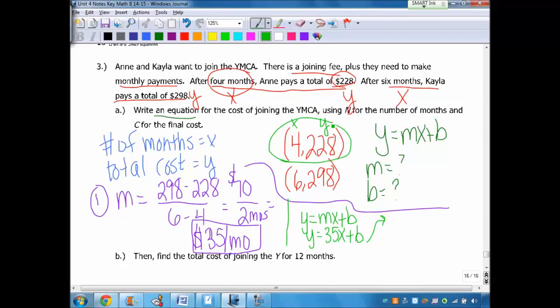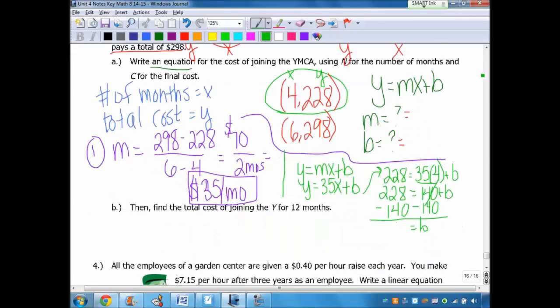So every time I see a y, I'm going to replace it with 228, and every time I see an x, I'm going to replace it with 4. So 228 = 35 times 4 + b. Well, 35 times 4 turns into 140. Subtract 140 from both sides. So then this ends up being 88 right here.